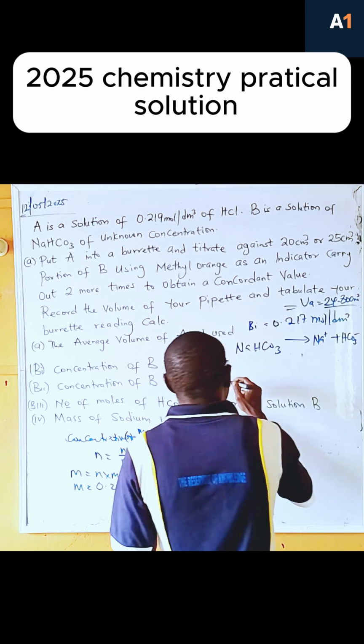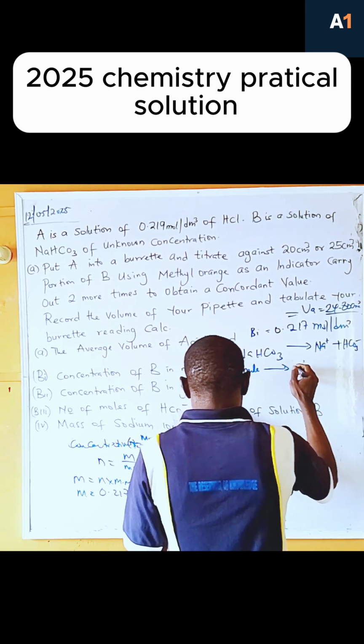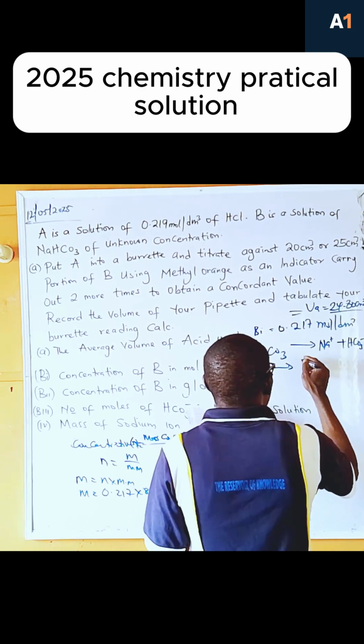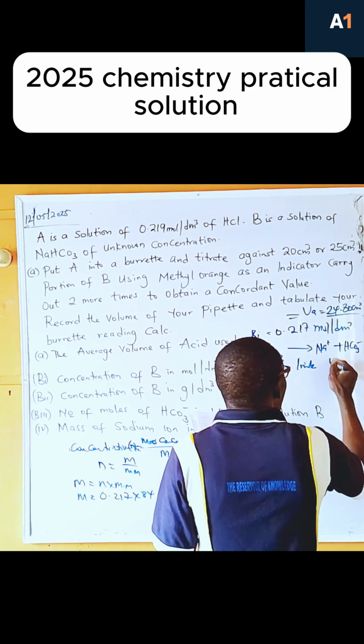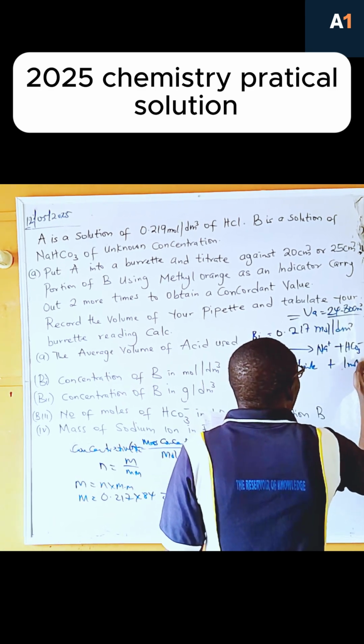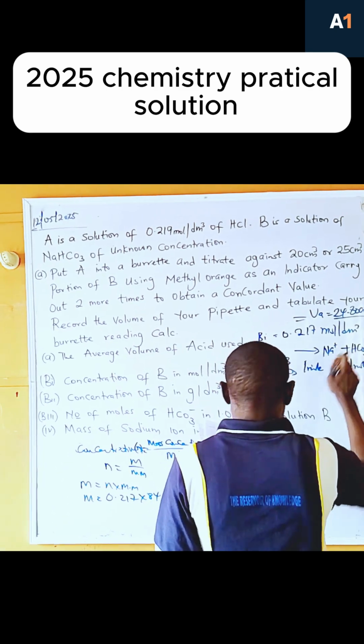Then if you look at this, 1 mole of this is equal to 1 mole, plus another 1 mole of this. 1 mole of this dissociates to this particular 1 mole.